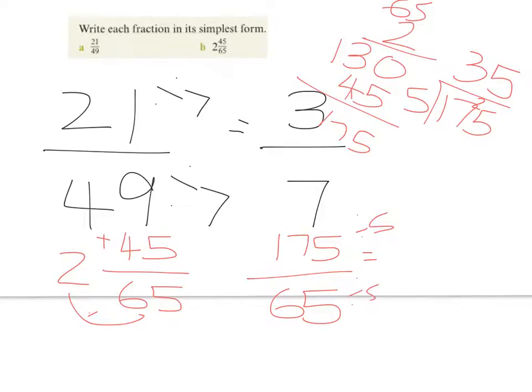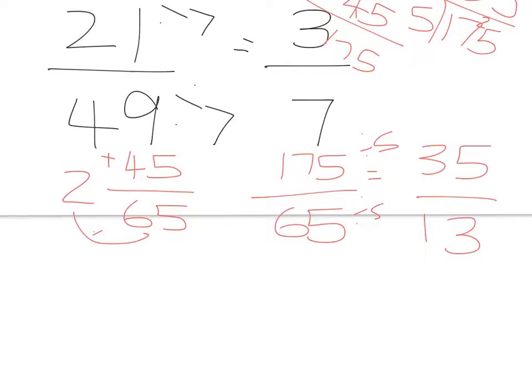So 175 divided by 5 gives us 35, and 65 divided by 5 gives us 13. Okay, can't make that any smaller because 35 and 13 are not even, they don't both end in 5s, and they don't add up to 3, 6, or 9.